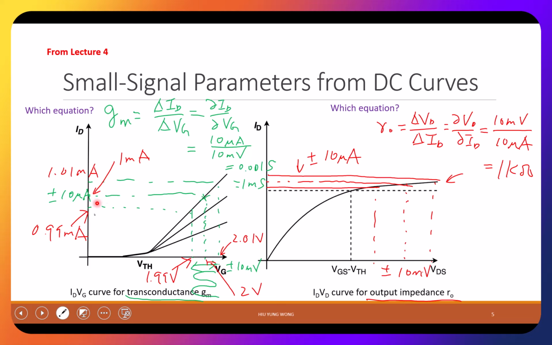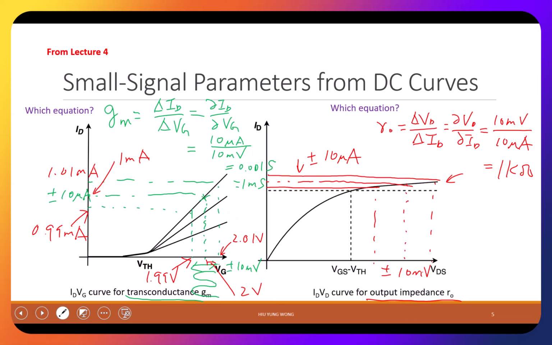I try to find out how much current it will change. And it turned out to be plus minus 10 microampere. And this is just the slope. So it turned out to be 10 microampere divided by 10 millivolt, which gives me 1 millisiemens. Any questions?